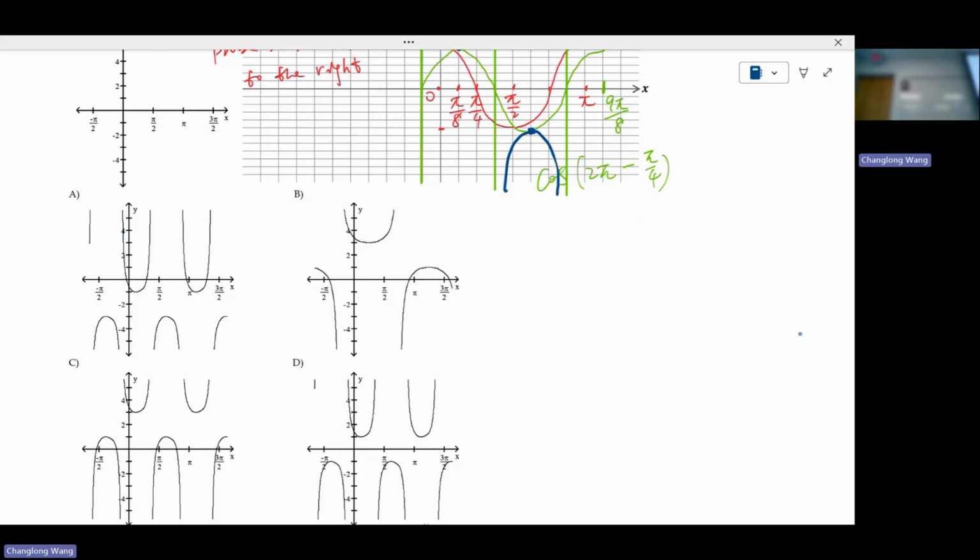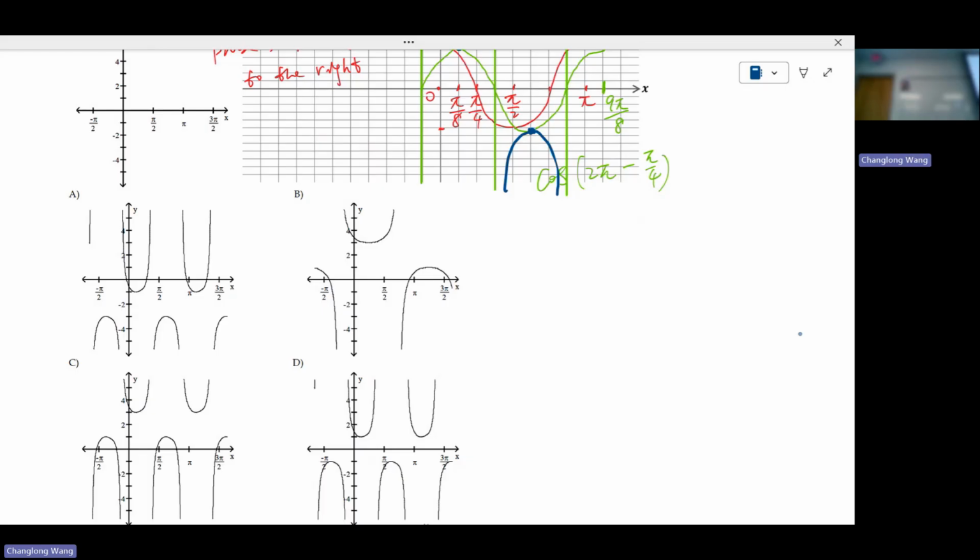So I have a VA somewhere between pi over 4 and pi over 2, right? Oh yeah, I think there's a VA somewhere here. So that's kind of subtle. That's why I said that I have to show you exactly where the graph's supposed to be after I shift it by pi over 8, to see where the graph has to be located.